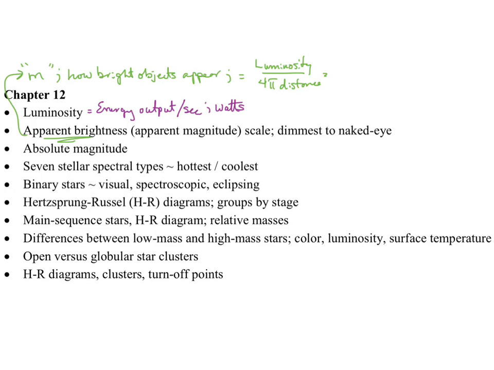Otherwise I got it wrong, because I thought luminosity was kind of like the apparent brightness, but luminosity is what it projects, and apparent brightness is what we get from it on Earth. Okay. Yeah. So this might help. Okay.